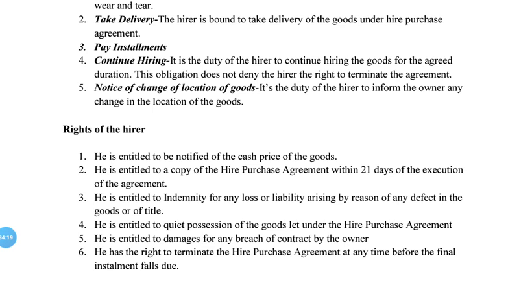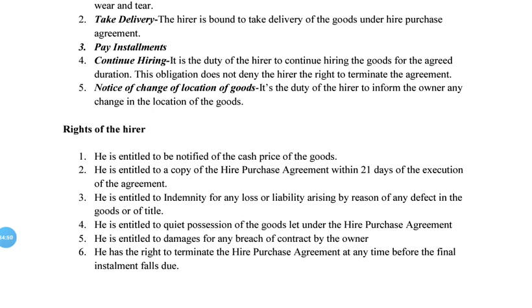Since we are saying that when you buy on hire purchase, the ownership or the title remains with the seller, the seller needs to know where the item is at any particular time. If you transfer maybe from one town to another, it's good that you inform the seller of your new place.